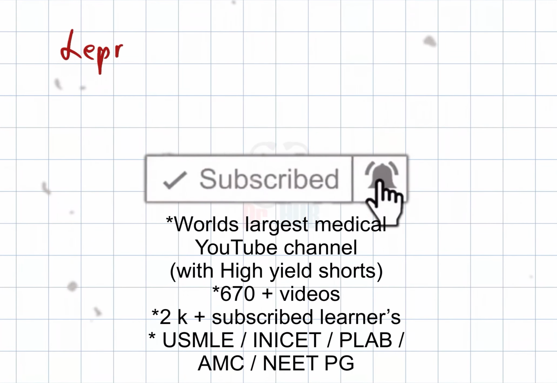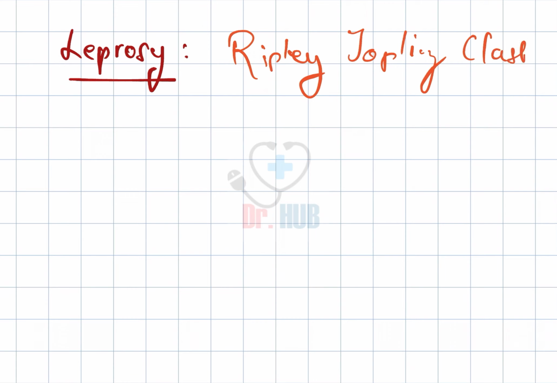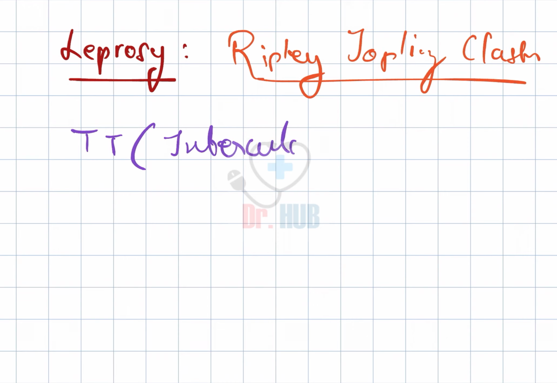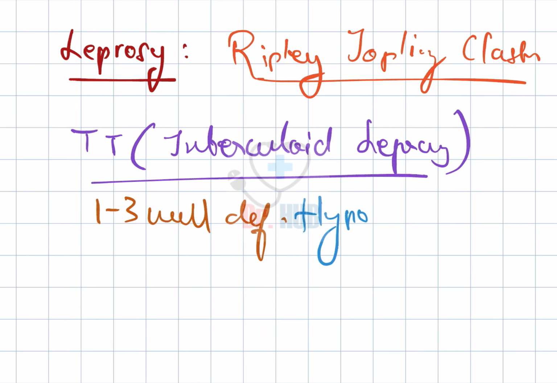We're going to look at leprosy and the classification, that is the Ridley-Jopling classification. Under this, there's TT, that is tuberculoid leprosy. Looking at the number of lesions, there are 1 to 3 well defined, hypopigmented macules or plaques.